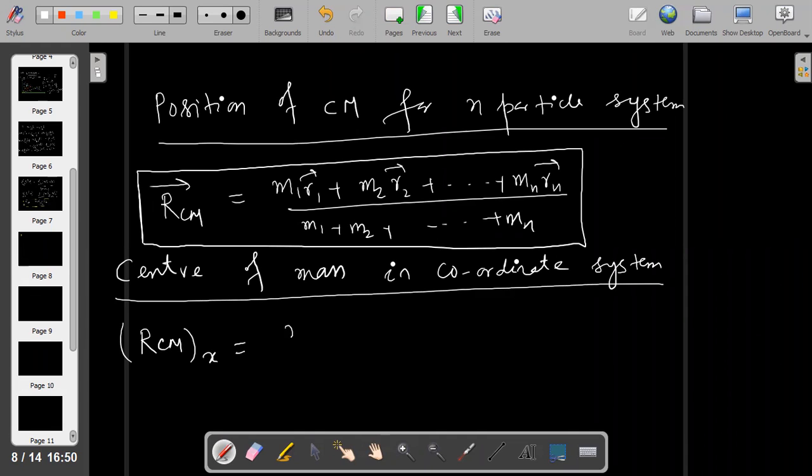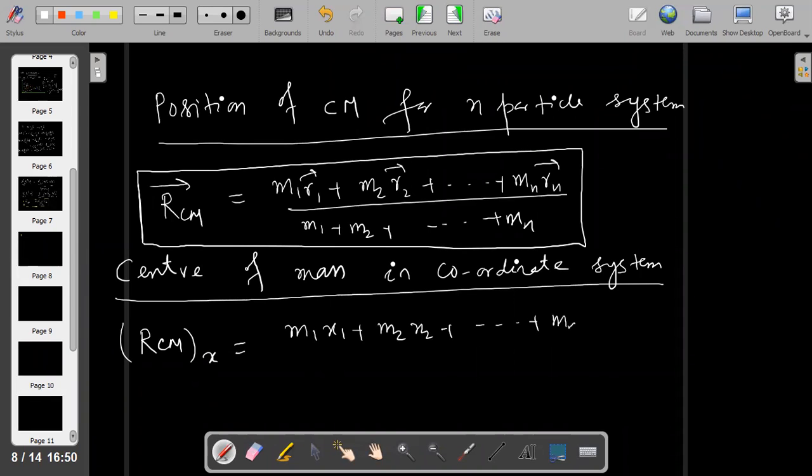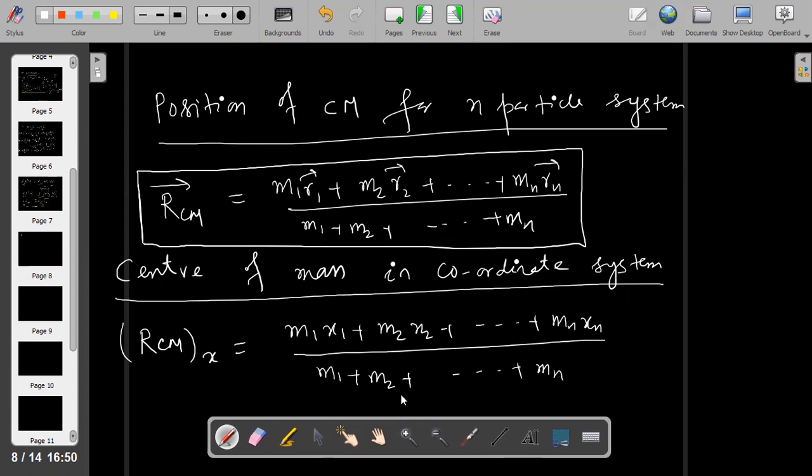The x coordinate will be m1 x1 plus m2 x2 and so on up to mn xn, divided by m1 plus m2 and so on up to mn. This is along the x coordinate. Similarly, I can find it in the y coordinate.